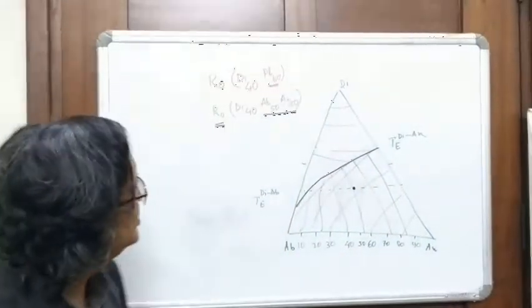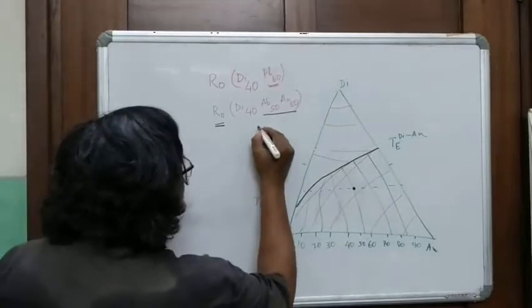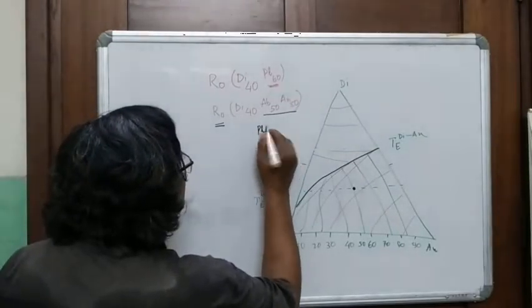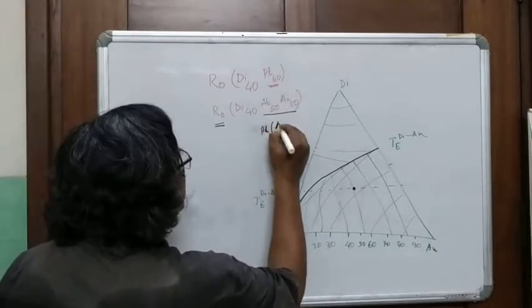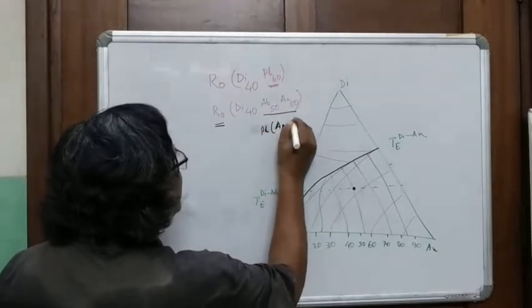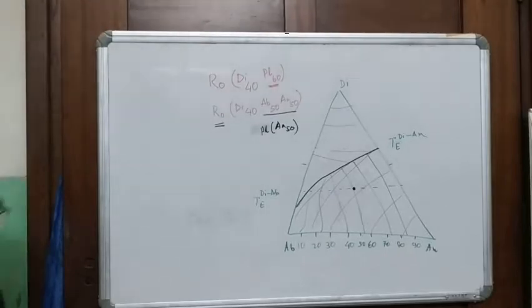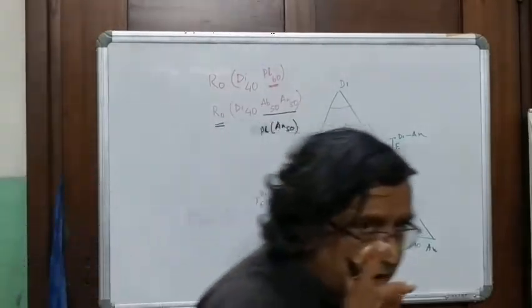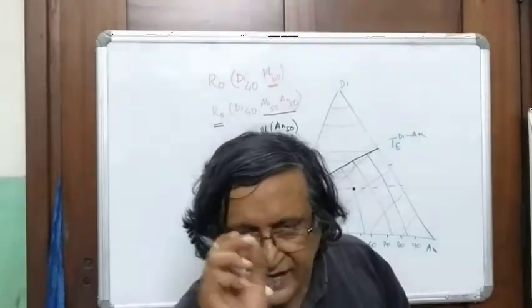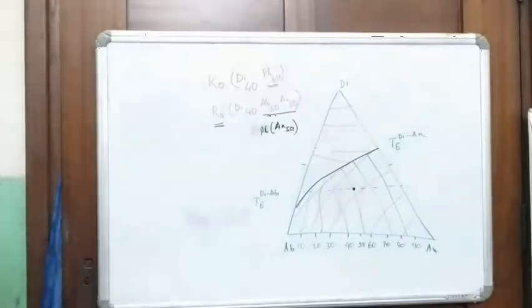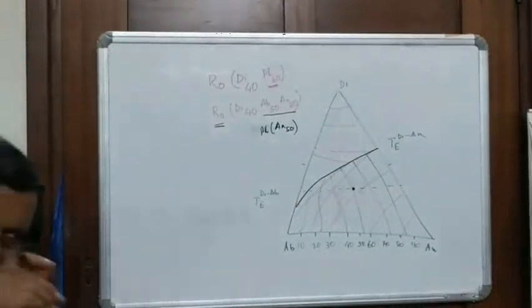The plagioclase that is there has the composition anorthite 50. So you know what you have to look for: the anorthite 50 isopleth.